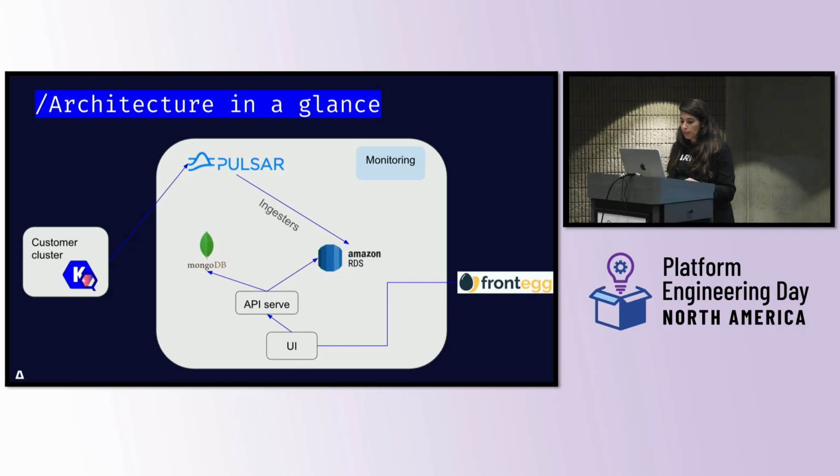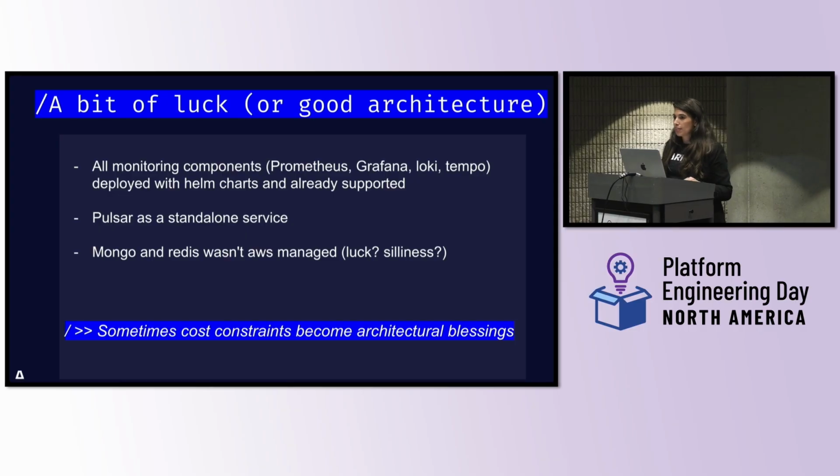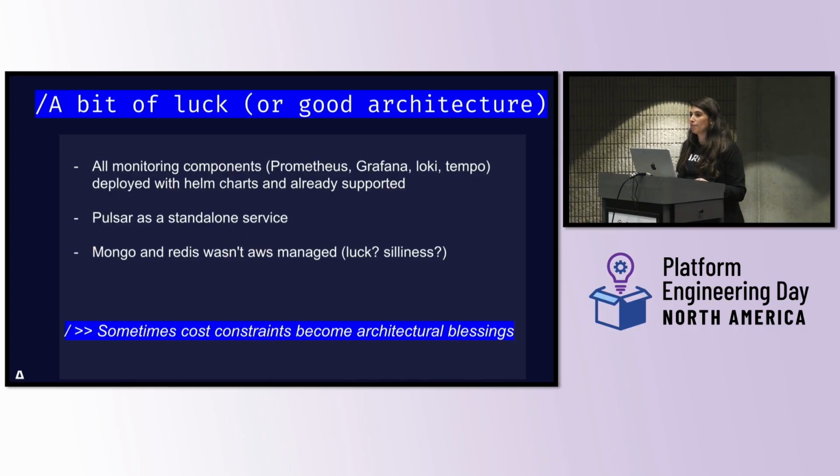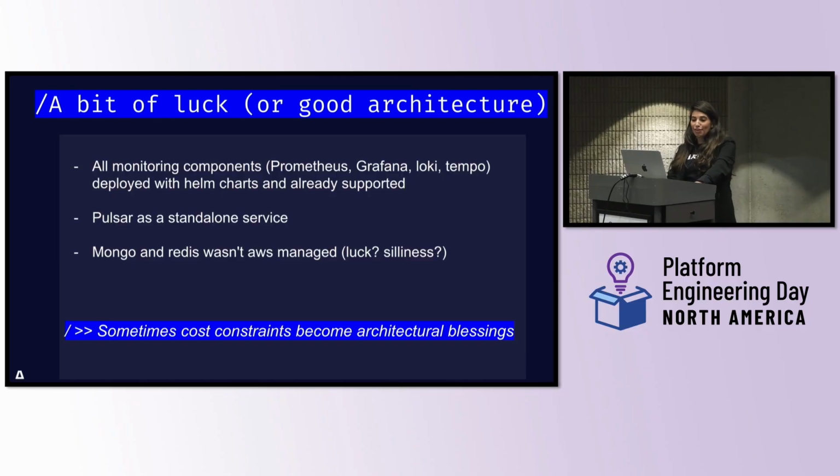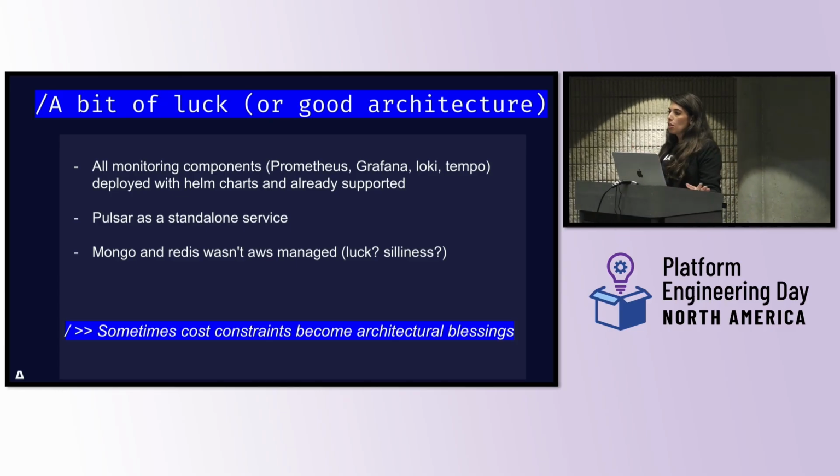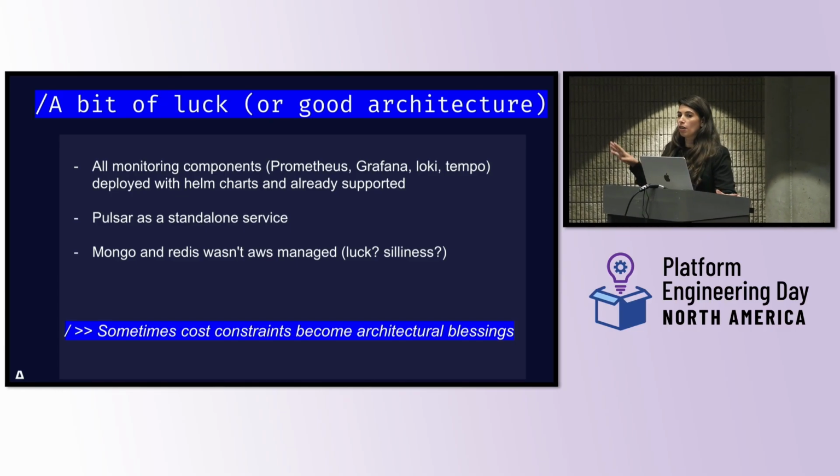So yes, we had a bit of luck. Some people say that we had a really good architecture, but I can't say that for myself. All our monitoring capabilities and tools were open source and could be packed very easily, because we used Prometheus, Grafana, Loki, Tempo, and it wasn't any kind of managed service.